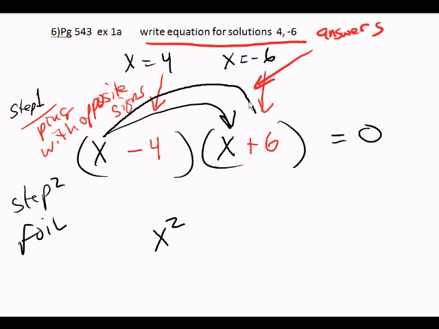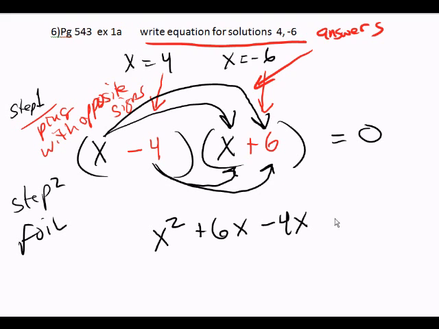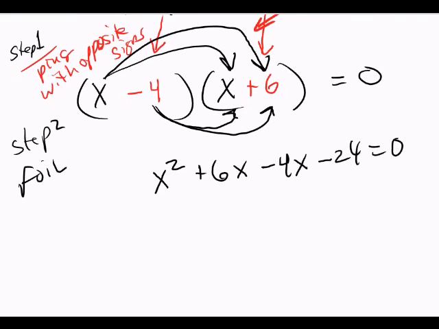Remember, x times x, x squared. X times 6 is a positive 6x. Negative 4 times x, negative 4x. And negative 4 times a positive 6 is negative 24 equals 0.